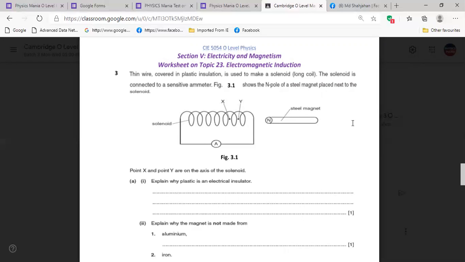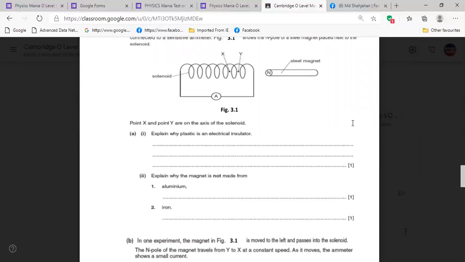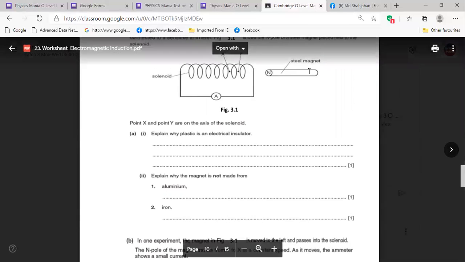Okay. Then another option, you see, what can you do? You can make it reverse, right? Like here we have North Pole, we can take here South Pole, isn't it?